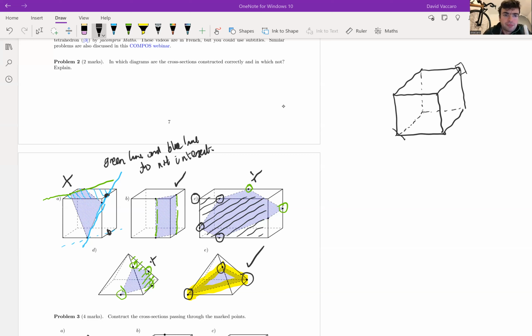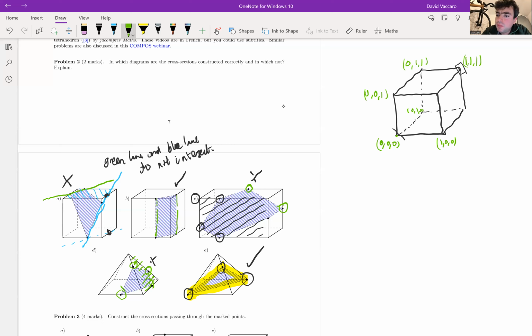So I'm going to call this bottom corner of the cube 0, 0, 0. This corner is 1, 0, 0. This corner I'll call 0, 1, 0. This one 0, 0, 1. This back edge 0, 1, 1. This edge 1, 1, 1.